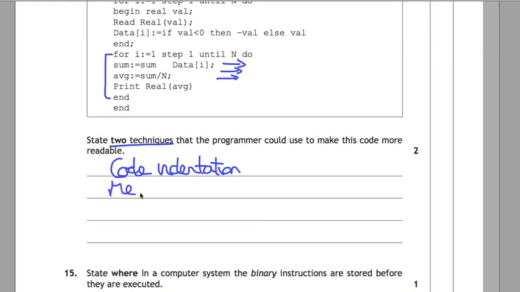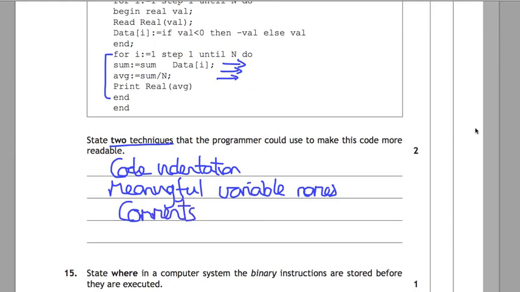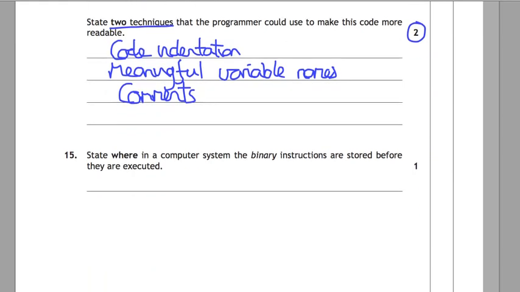And a big one is meaningful variable names. You could even add comments, but obviously it's only a 2-mark question, so you're not going to get an extra mark. But that's another 2 marks there.